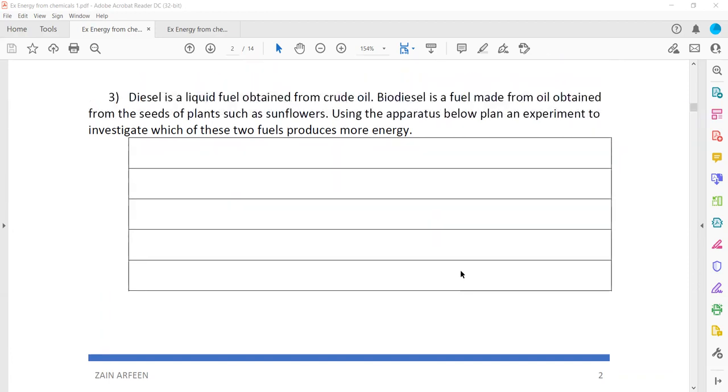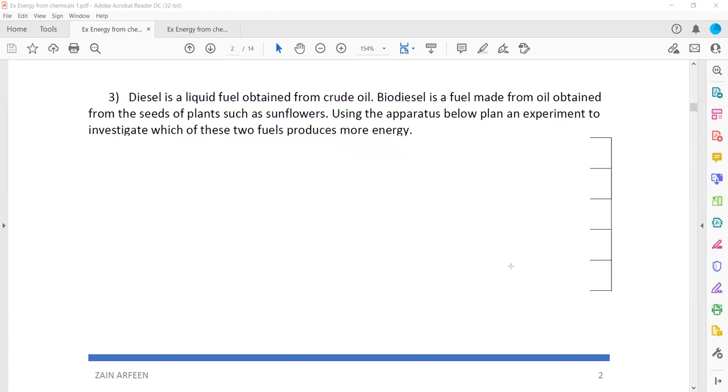First I will draw and explain, and then I will write. Because diesel and biodiesel are both liquid, when we have a liquid fuel, we take it in a spirit burner.